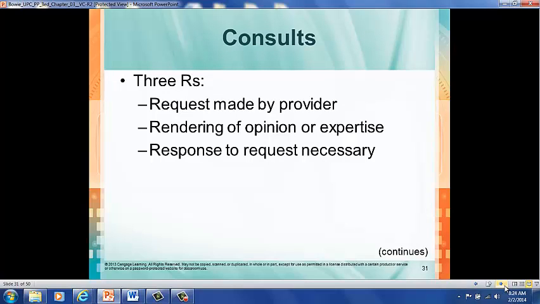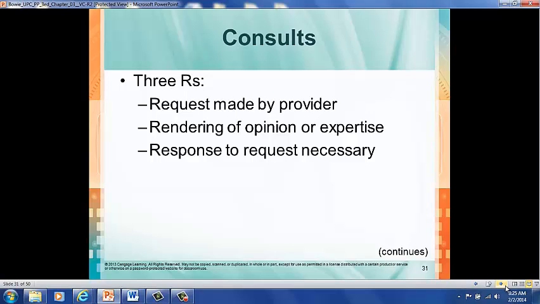Consultations are services rendered by providers when the opinion or expertise is requested by another provider or appropriate source. If you follow the rule of 3 R's, you should be able to distinguish a consult from the evaluation and management services. The 3 R's are as follows. Your provider receives the request to render an opinion or give advice, and in doing so, they are responding to the request.